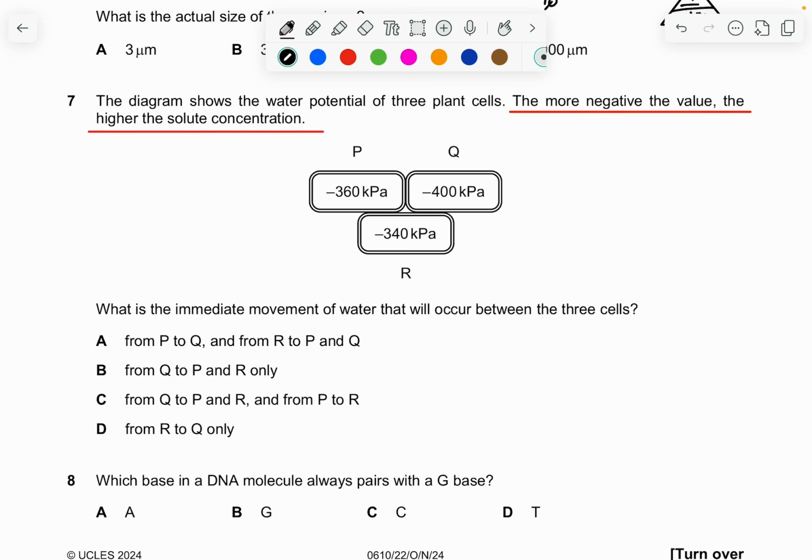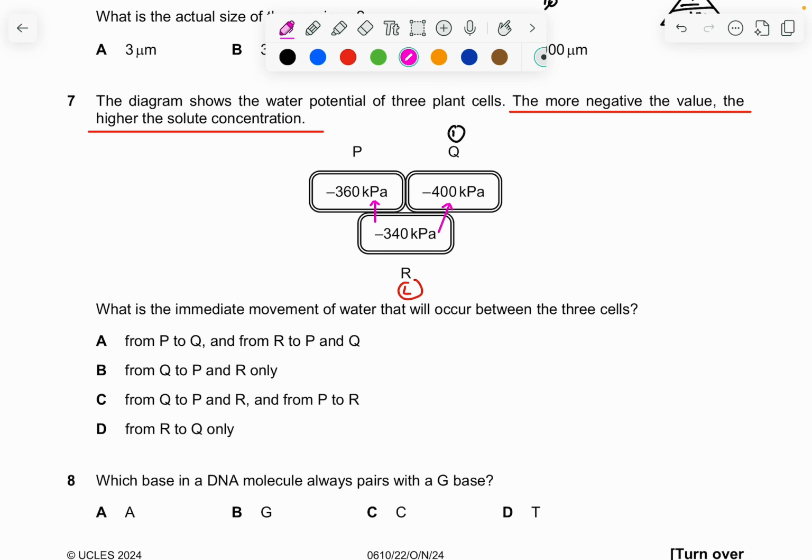So which one is the most negative in terms of value would be this, and the least here. How would water move? Remember that water moves from higher water potential to lower water potential. So we can expect to see that from R they go to Q, and R goes to P.